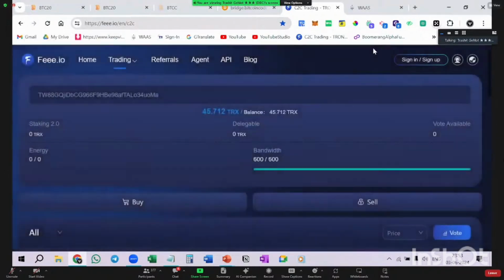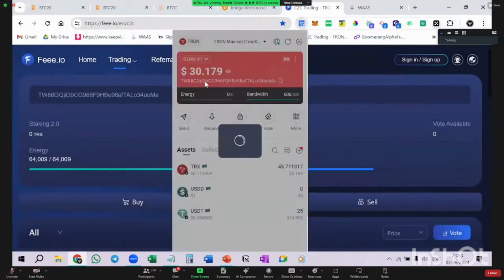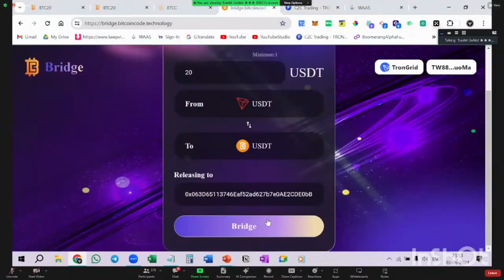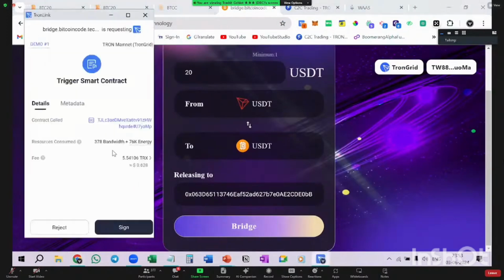and the order has been successful. So now on your Tron Link wallet, you will have this energy. You can see the energy is 64,000, right? On your Tron Link wallet. Now what we will do, we will again go to bridge, and we will press this feature. So now you can see the gas fees required is just 5.54 TRX.